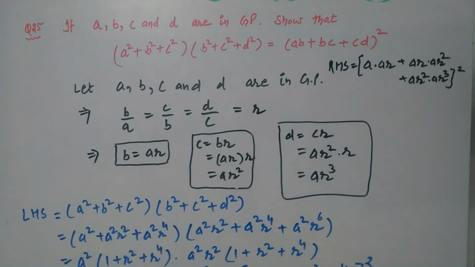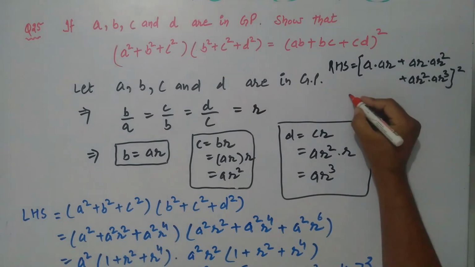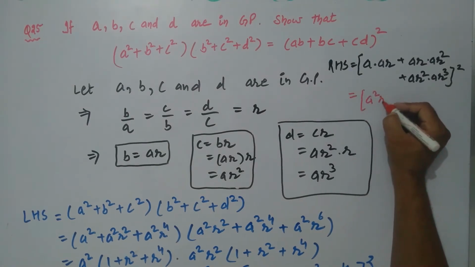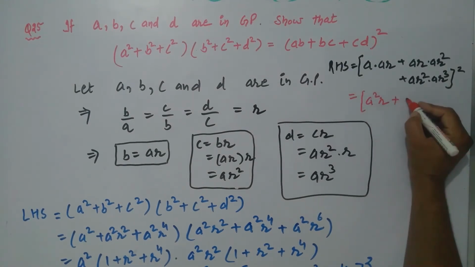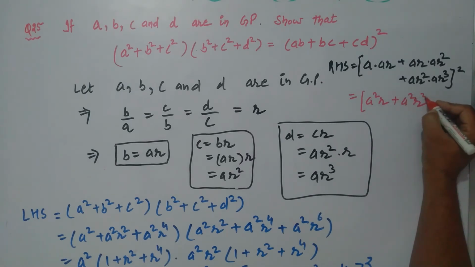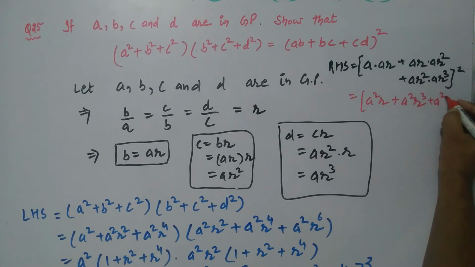So this is equal to (A square R plus A square R raised to power 3 plus A square R raised to power 5) whole power 2.